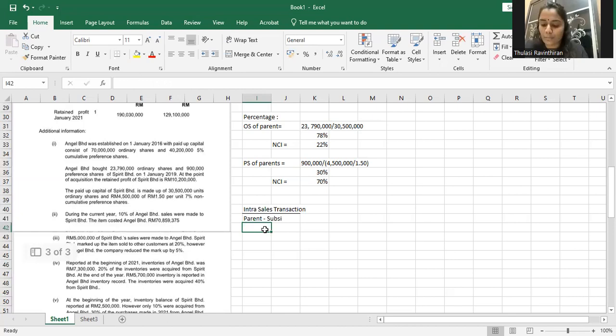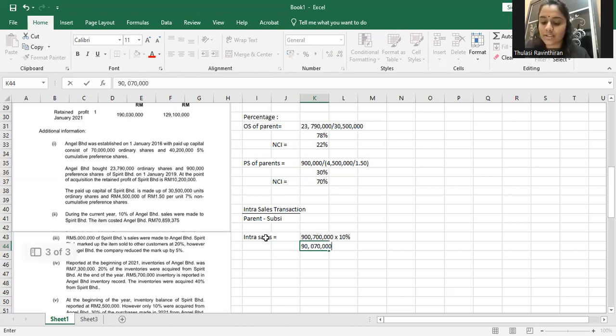So take the amount of sales of the parent, which is 700,000 from the question, times 10%. Okay, the answer will be 90,070,000, equal to intra purchase.